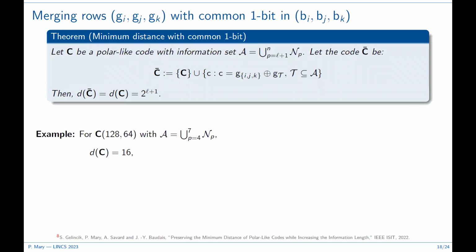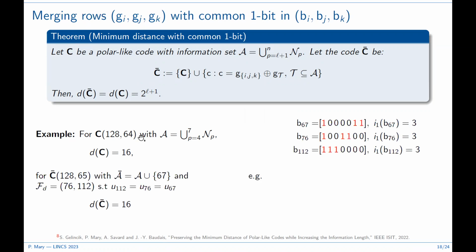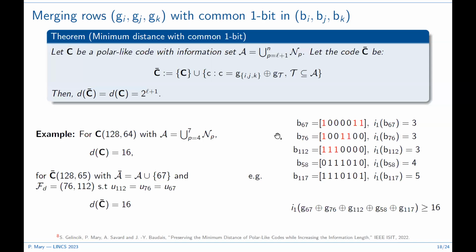So we have proved that for a code whose binary representation, some rows whose binary representation have common 1 bit in some position of the binary representation, for instance, on the 6-1, we can carry an additional bit information by merging these rows. And in that case, we don't reduce the Hamming weights of the minimum distance of the code.